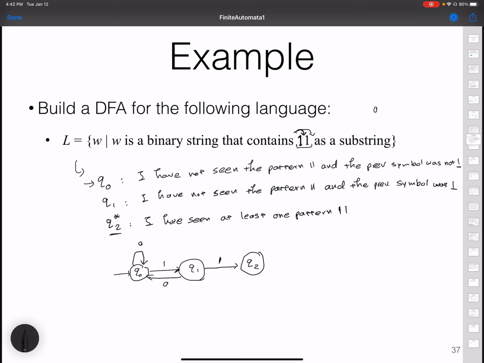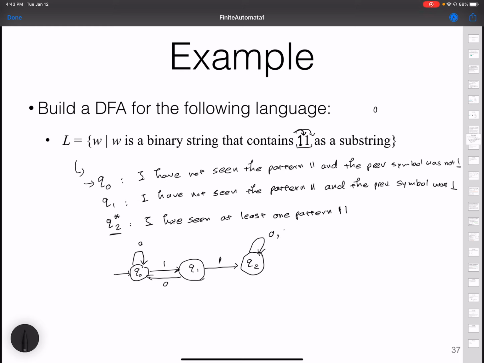So I'm done with the transitions for Q1, and the transitions for Q2: if I see a 0, if I see a 1, I don't care, because everything that I care about has been done. I have already seen the pattern 1, 1, and I don't care whatever is going to be the rest of the input strings.